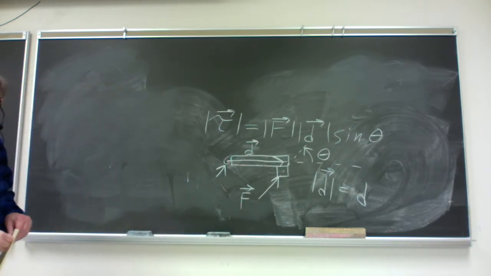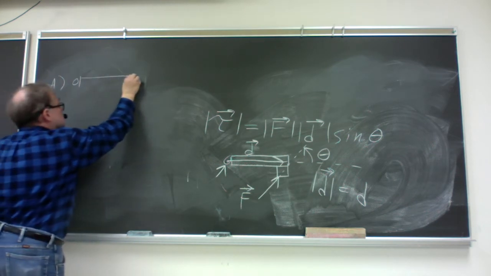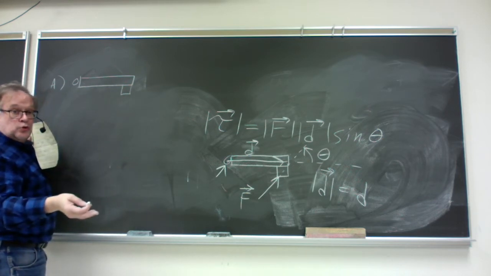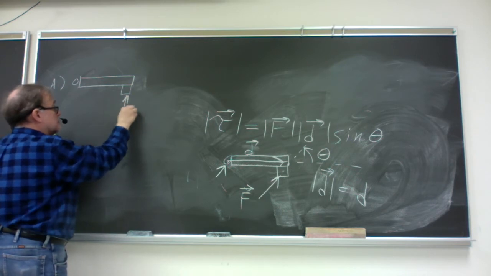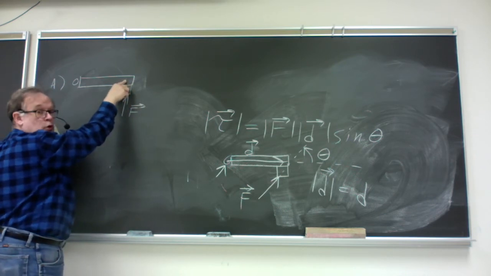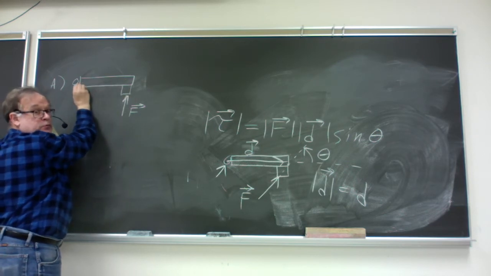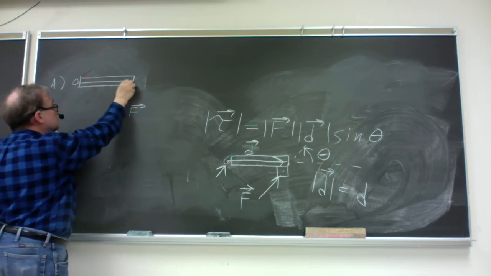Case A, simple case. We push right at the doorknob and we push in the normal way, perpendicular to the door. So there's the force. There's the point where we're applying the force. So the displacement vector is a displacement from the reference point to the point where the force is applied.